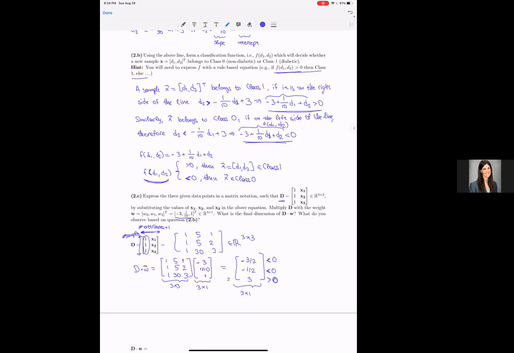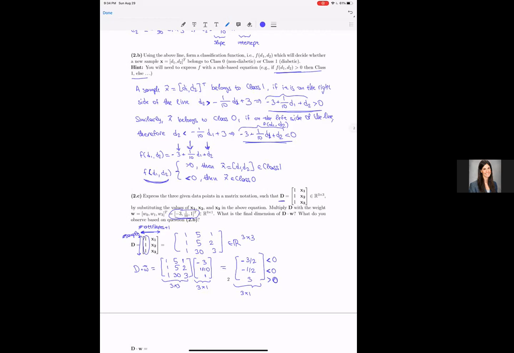First of all, these numbers, -3, 1 over 10, and 1, are very suspiciously similar to these three coefficients here, -3, 1 over 10, and this hidden one with which D2 is multiplied. So we can understand that these are some coefficients that are being multiplied with our variables of interest.